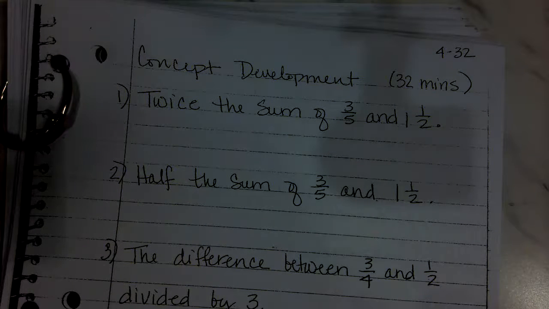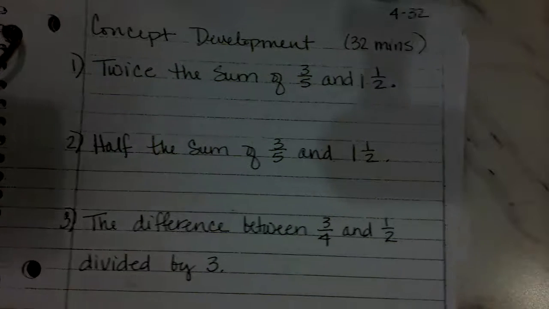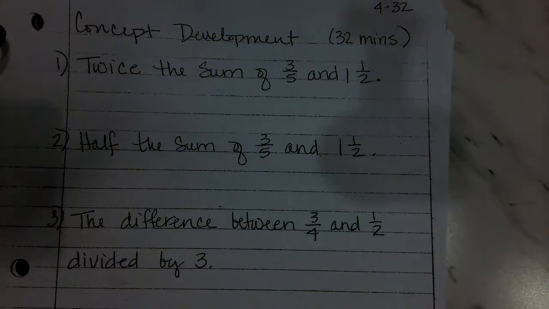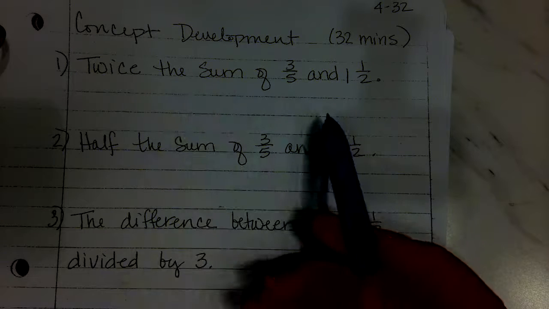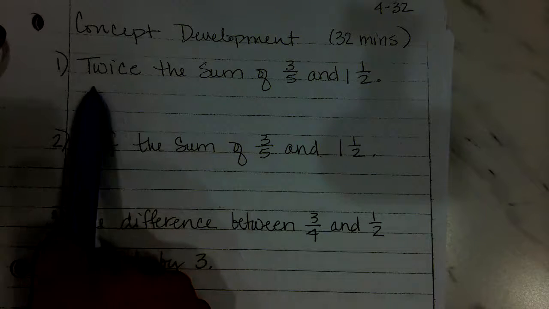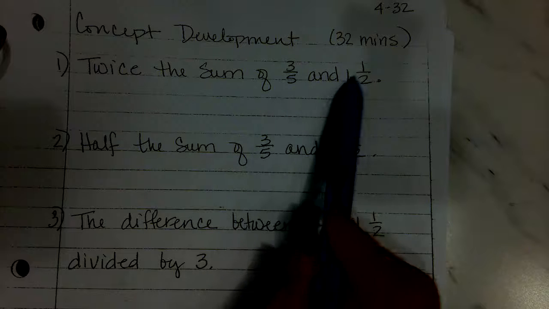This is Concept Development. So let's take a look at this first problem. What do you notice about this expression that would help us translate the words into mathematical symbols? Let's read it. Twice the sum of 3/5 and 1.5.